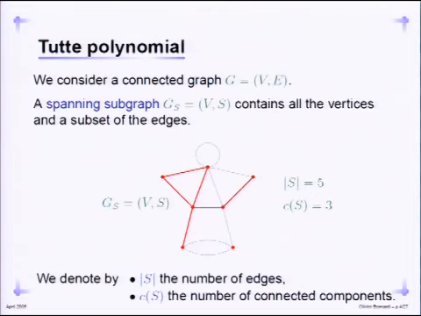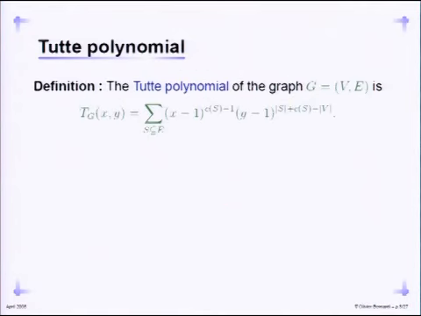So here you have three connected components. This vertex is counting for one, the other. All right, so these are my notations, and with these notations, the Tutte polynomial is defined as a sum over all spanning subgraphs of these contributions.